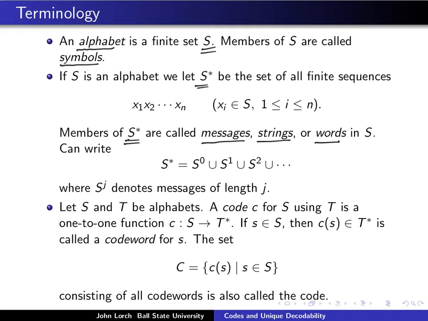Now, in this line here, what we're saying is that the collection of all words can be expressed as the collection of words of length 0, together with the collection of words of length 1, together with the collection of words of length 2, and so on. And that sort of makes sense.